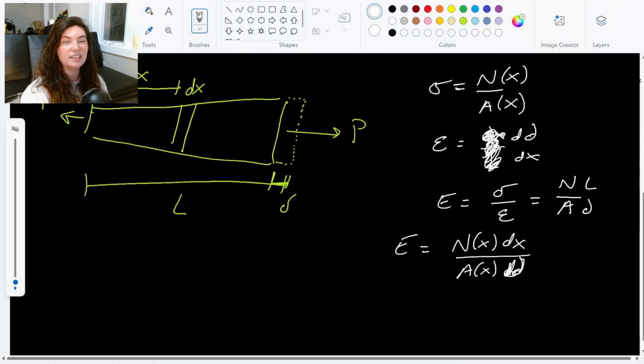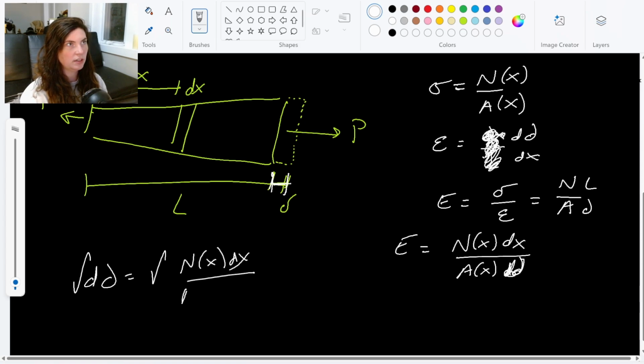And what I can do with this is solve for delta, right? Because I don't want to use this end delta because of the deformations. So instead I'm going to use delta to take an integral, because instead of having d delta, I want to integrate that. Integrate N(x) dx over A(x) times modulus of elasticity.